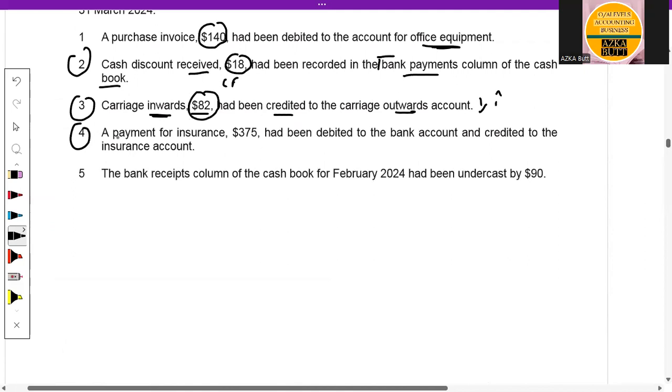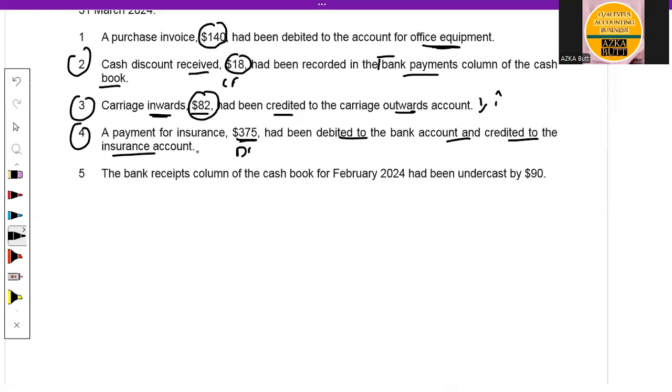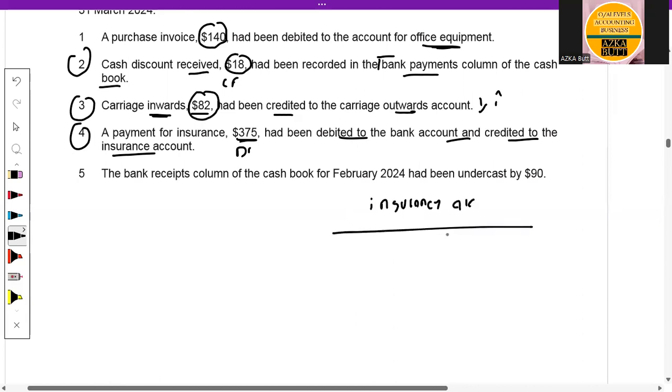Error number 4, a payment for insurance of 375, which should be a debit, had been debited to the bank account and credited to the insurance account. So now we just need to make the double entry, because in the insurance account we credit the insurance account with $375.